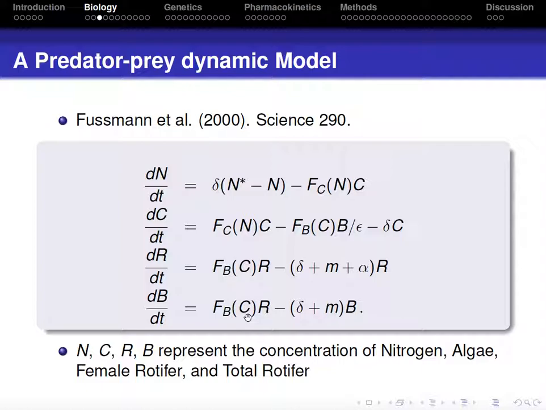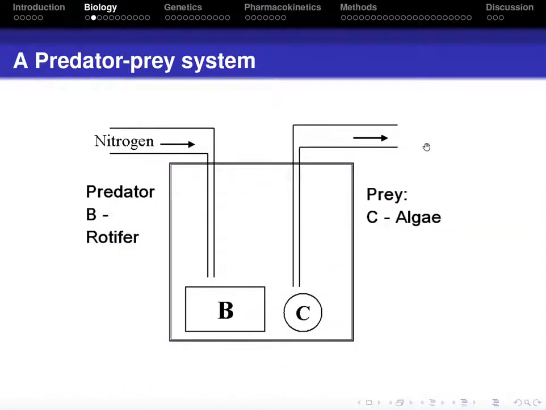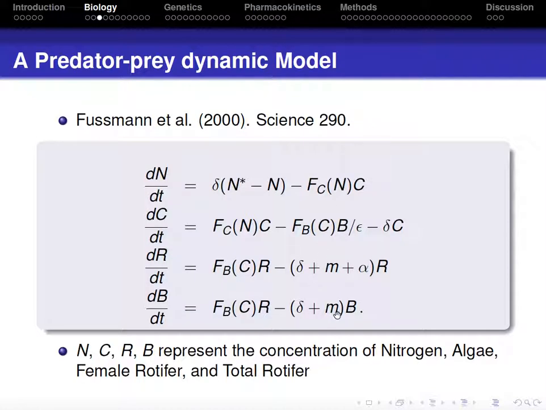The second term is a negative term, with two rates multiplied by B. Here M represents the mortality of the rotifer, like the death rate, and delta represents the constant rate at which the system is removed, remember? So therefore we have delta plus M.